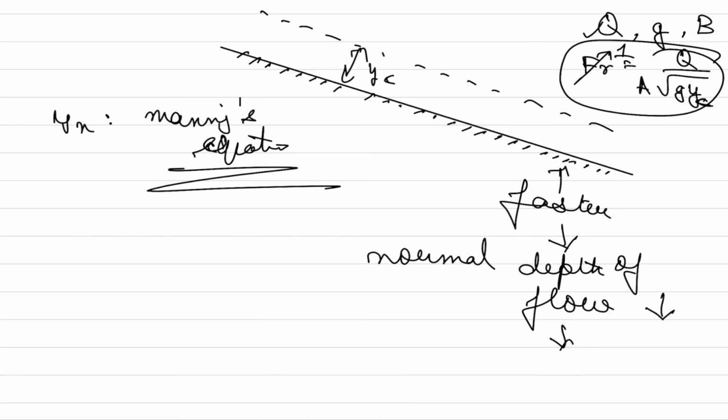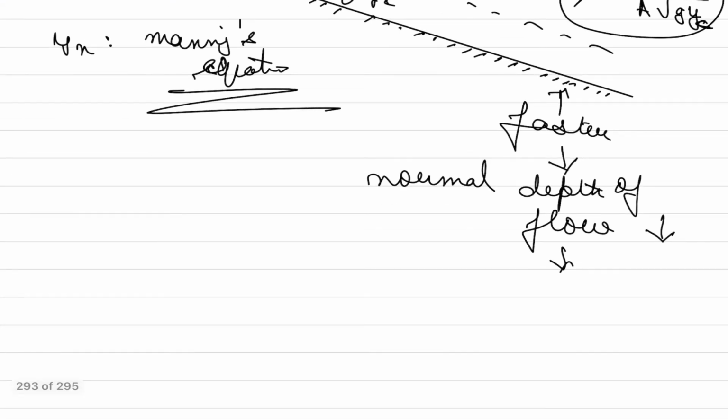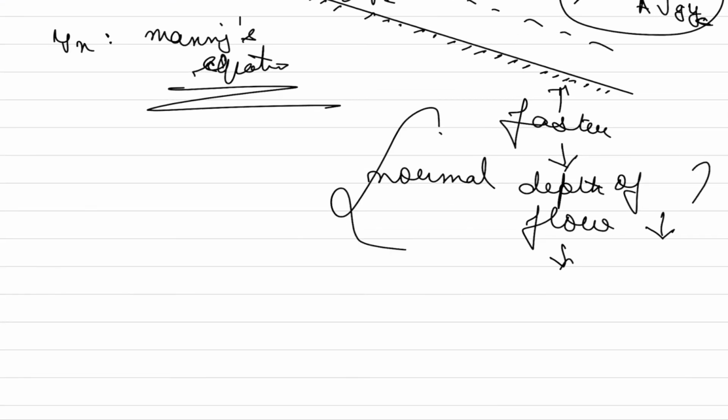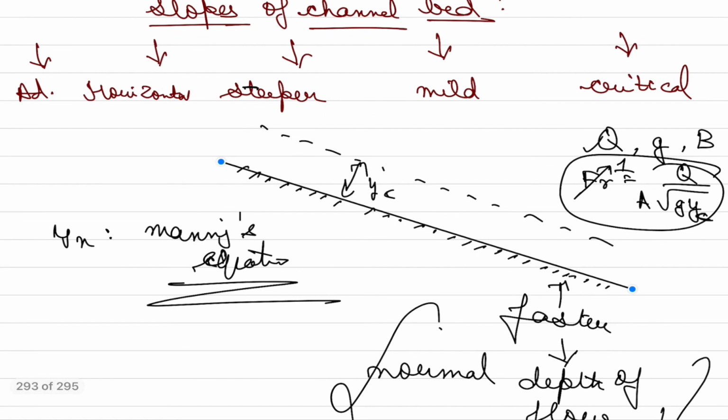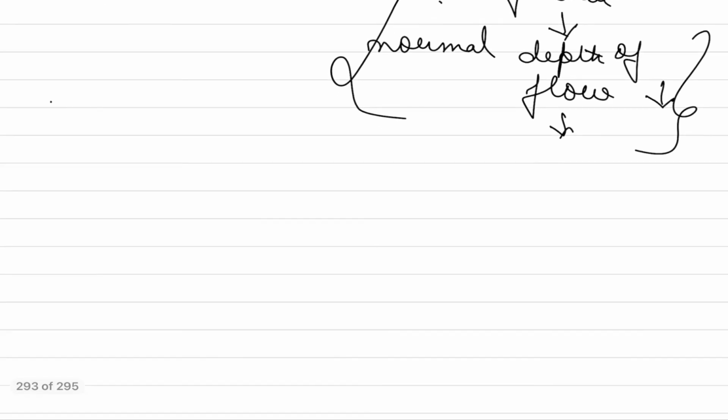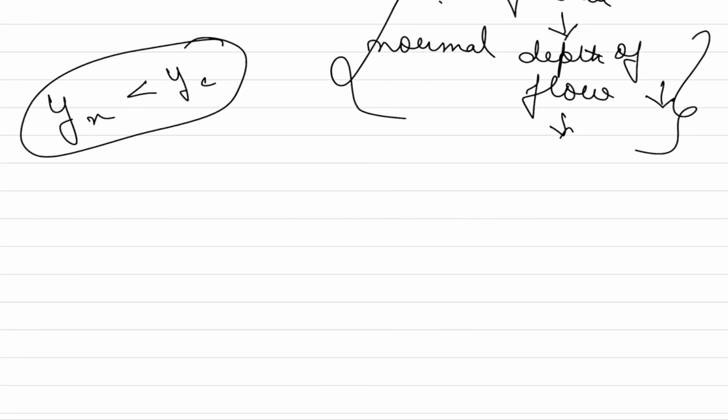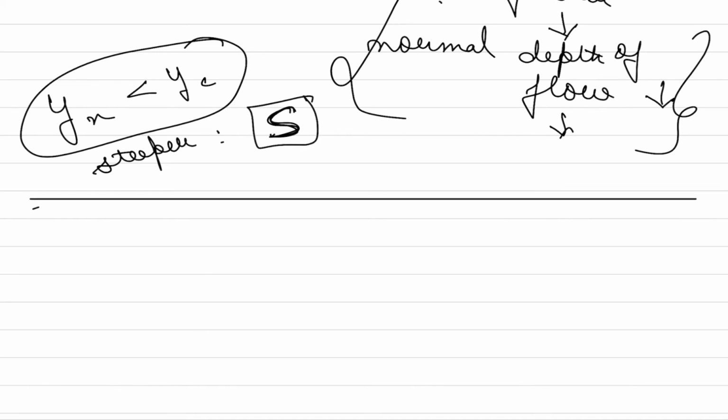We can use this criteria to say that if our normal depth of flow is less than our critical depth, that is yn is less than yc, our channel bed is steeper, and we classify the channel bed as S. Let us move to the second case.